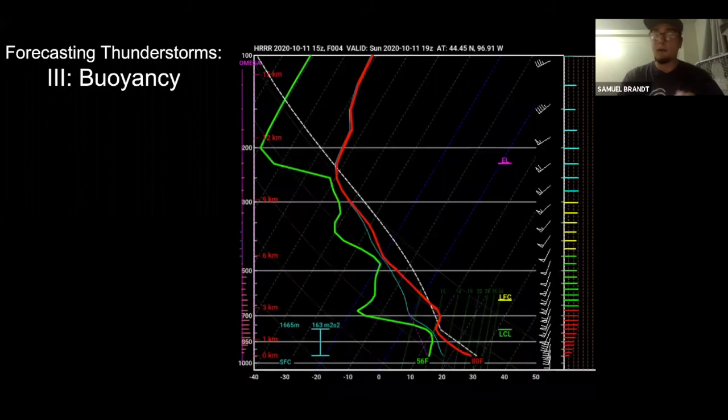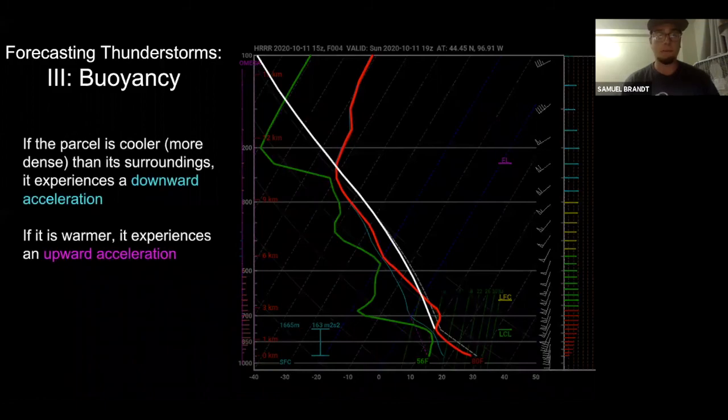So now, with all this in mind, we're ready to talk about buoyancy, which is the main driver behind updrafts, which is what thunderstorms form from. So if a parcel is cooler, in other words more dense than its surroundings, it experiences a downward acceleration. On the contrary, if it's warmer, it will experience an upward acceleration.